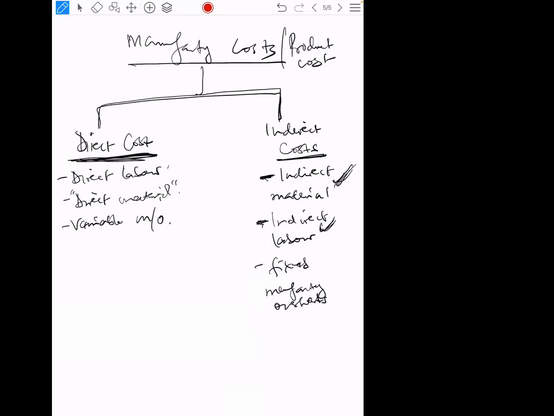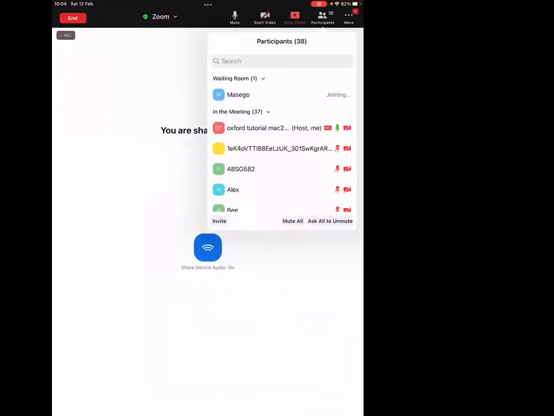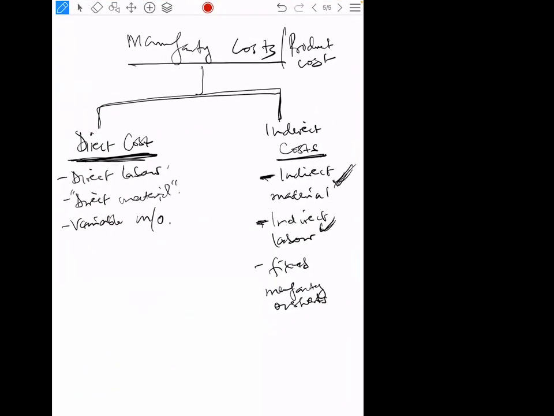He oversees the manufacturing process. We won't say how long the supervisor spent supervising the person who was making this desk. No. So that's why the wages for a supervisor are classified as indirect labor. Yes, he's involved in the manufacturing process, but not directly.